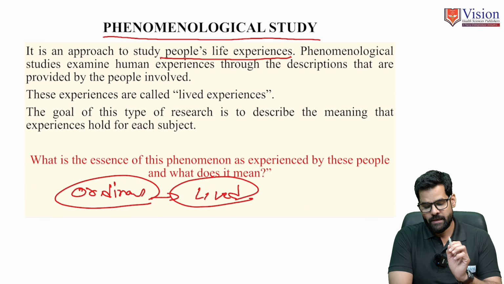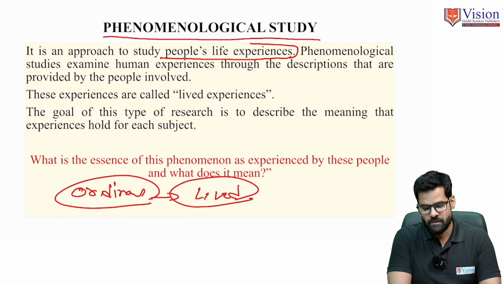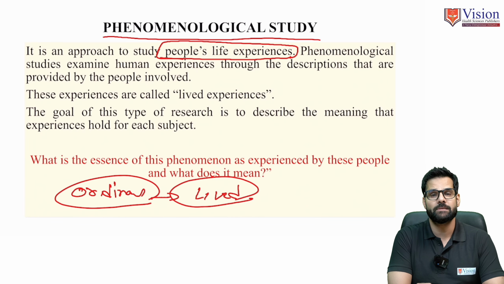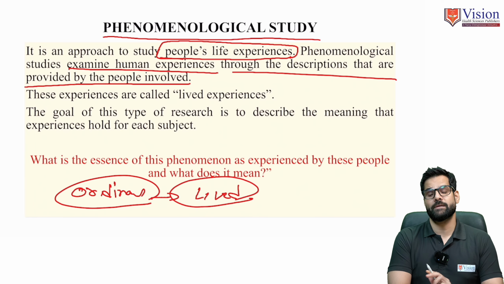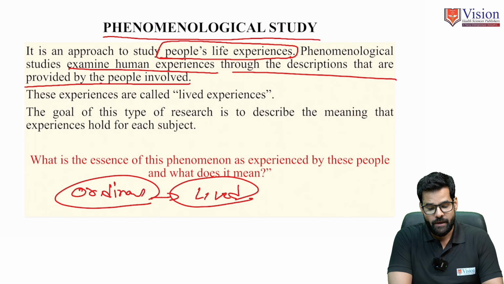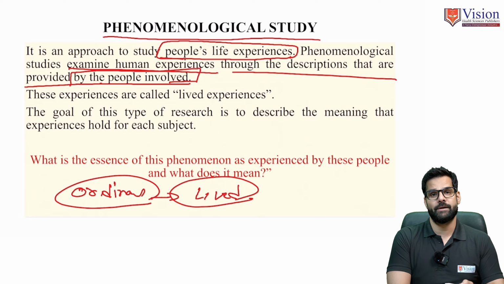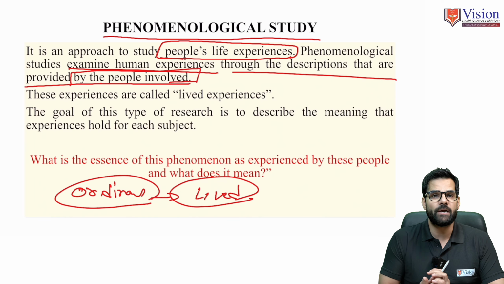So the phenomenological research studies people's life experiences. They examine the human experience through the descriptions provided by the people involved in it. That is a very important point here. Who provides the information about the experiences? The people who are involved in it. Suppose I want to study someone's experience related to retirement.